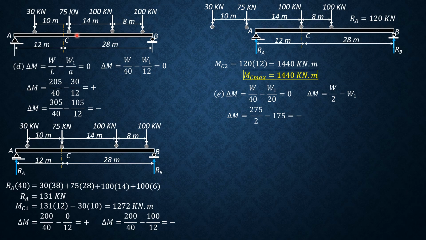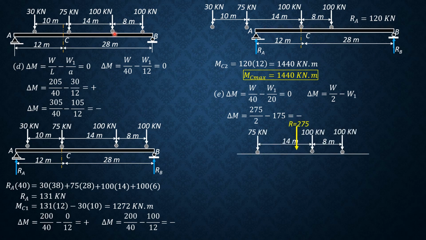They remain on the span, so 275 over 2 minus 75 plus 100 is negative. So that means this 100 kilonewton load just to the right of the center line gives maximum moment at the center, or simply this 100 kilonewton load over the center of the beam gives maximum moment at the center.